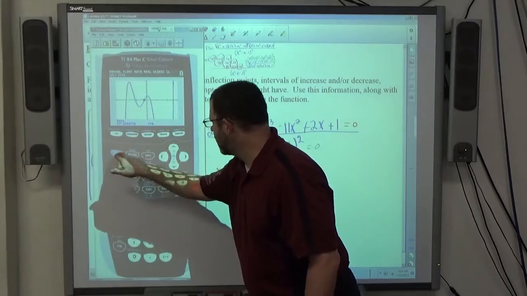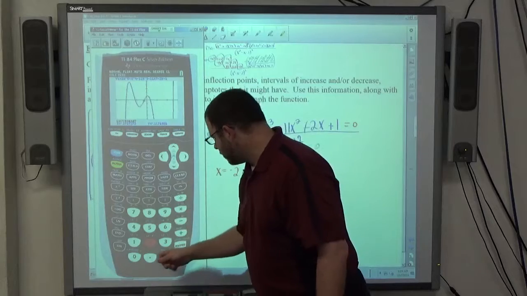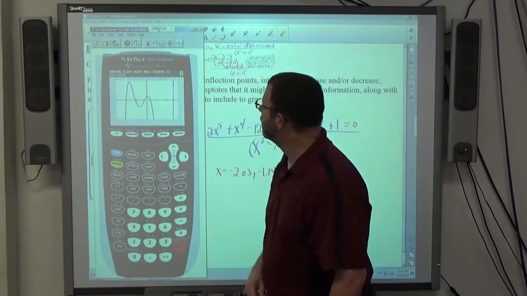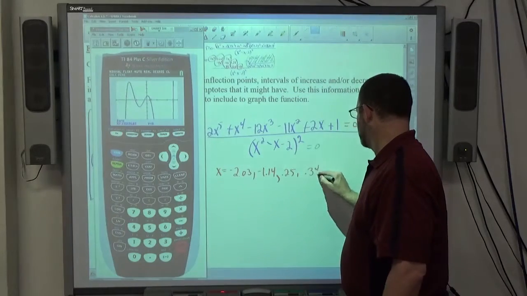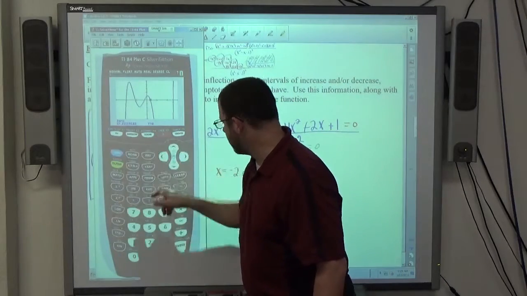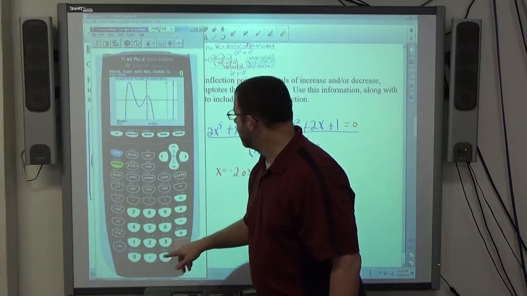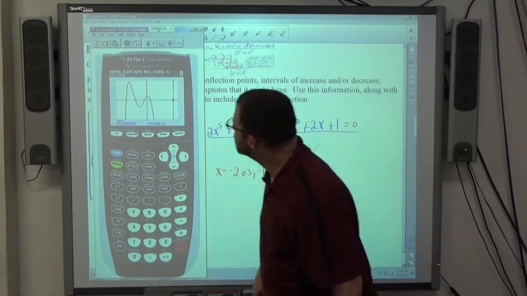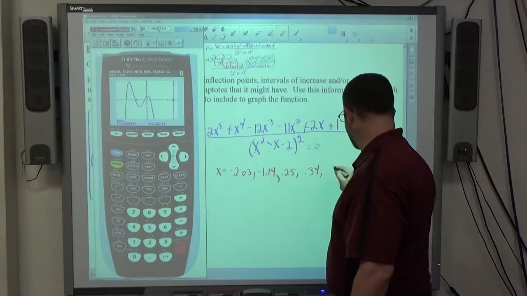Next one, second calc 0. Looks like about 0.3, so left bound 0, right bound 0.5, guess 0.3, is 0.34. And our final one looks about 2.5, calc 0, left bound 2, right bound 3, guess 2.5, and we get 2.58.